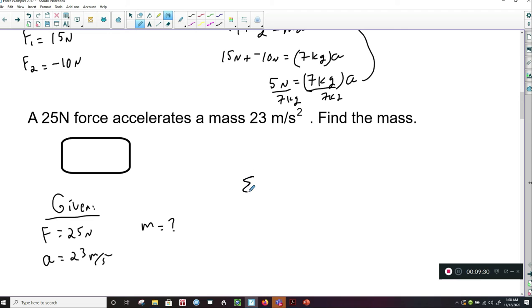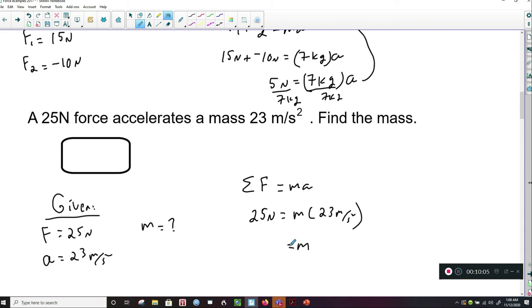So we're going to do sigma F equals ma. I only have one force here, so it's just going to be 25 newtons is equal to m times 23 meters per second squared. So 25 divided by 23 is 1 and some change, 1.08 kilograms.